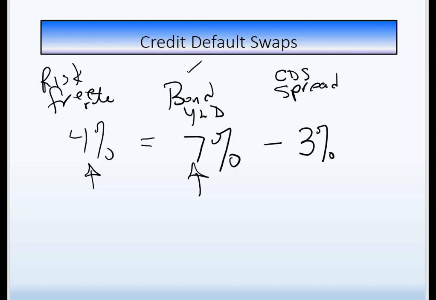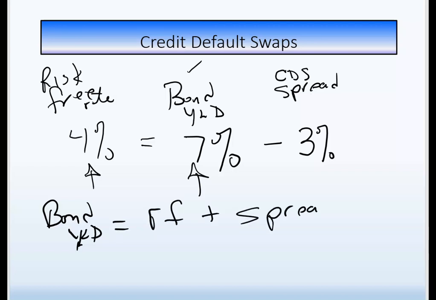And so you should earn the risk-free rate of 4%. So you can rearrange this as saying bond yield equals the risk-free rate plus the CDS spread. And so that's one way to think about how a credit default swap works. It transforms a risky bond into a risk-free bond, or a risky loan into a risk-free loan.